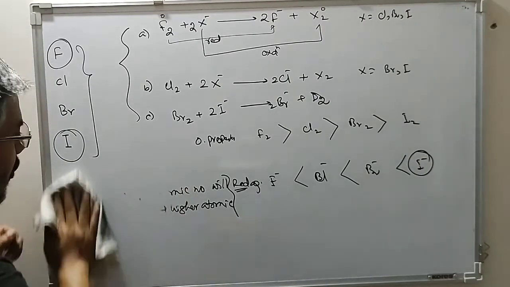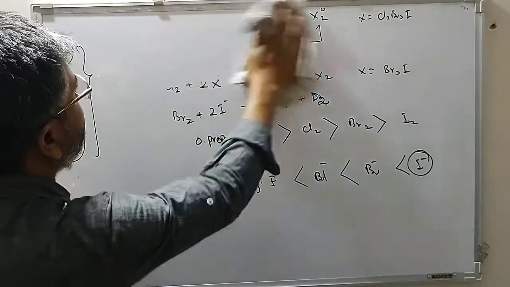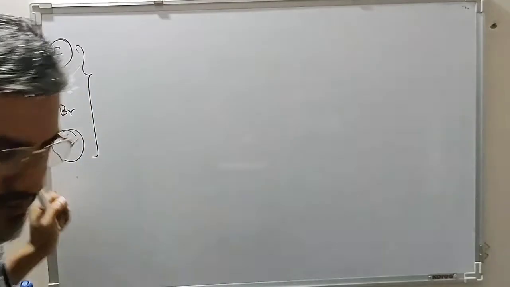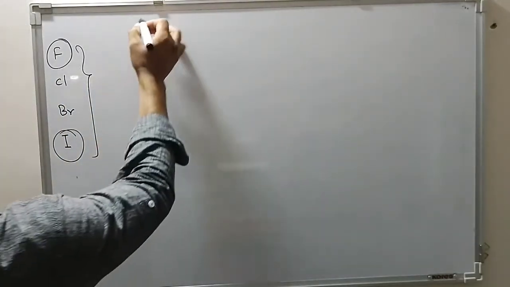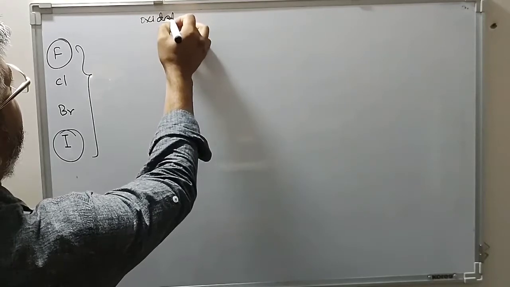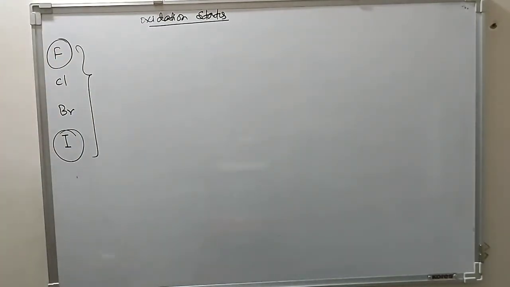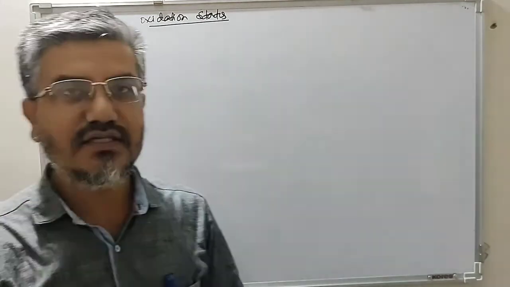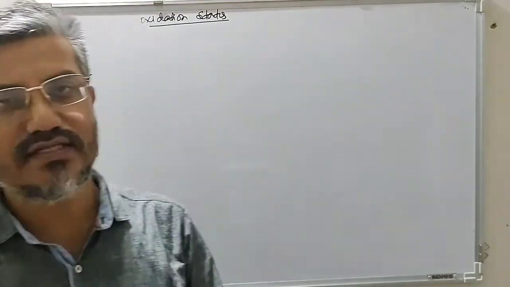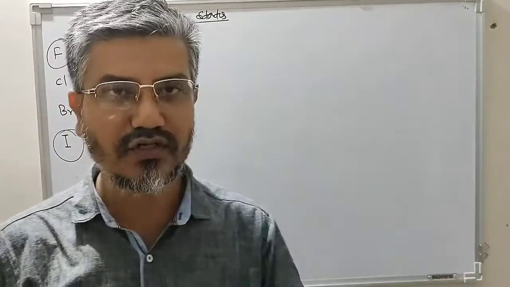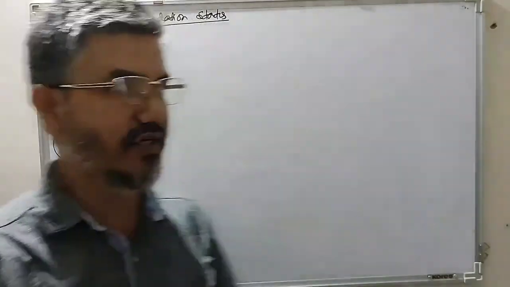Now coming to oxidation states of these elements. We have discussed electronic configuration. These elements contain 7 electrons in the valence shell. So by acquiring one more electron, they acquire octet configuration, that is noble gas configuration.